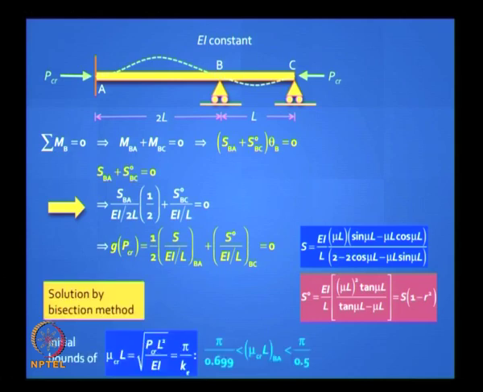So my initial bounds, as you rightly said: mu L is the square root of P critical L squared by EI, which I can write as pi by KE, because P critical can be written in that fashion. What is the Euler buckling load? Pi squared EI by L squared. If you plug that in, it will look like that.